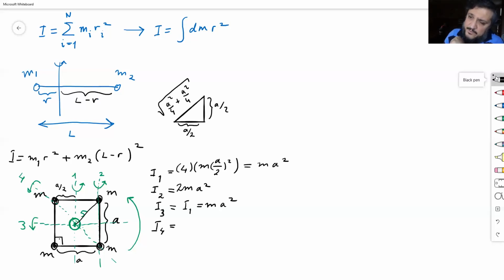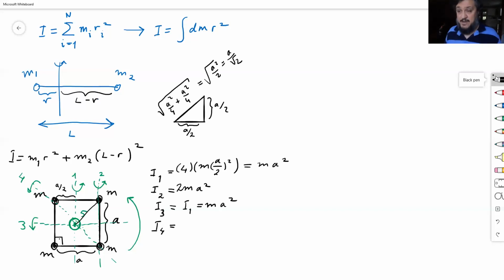Well, you have 1 over 2 A, right? So you will have here square root of A squared over 2. So A over square root 2 is this hypotenuse.